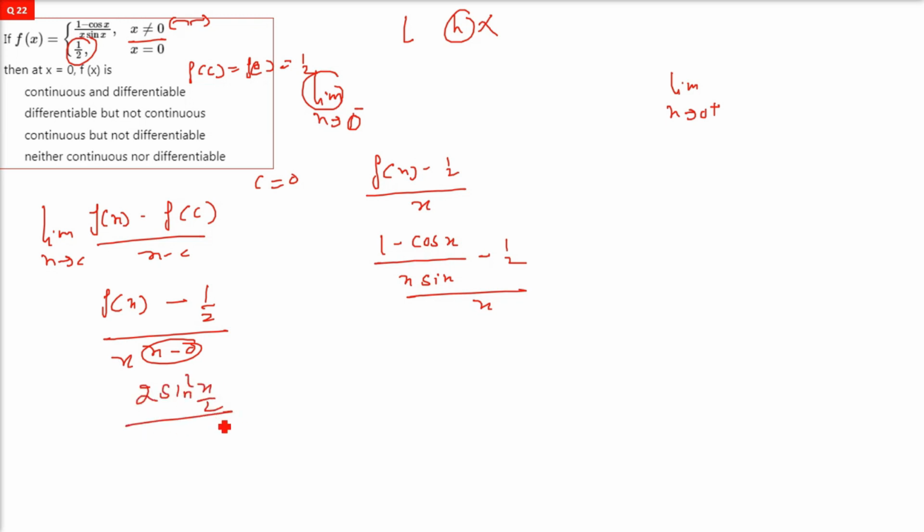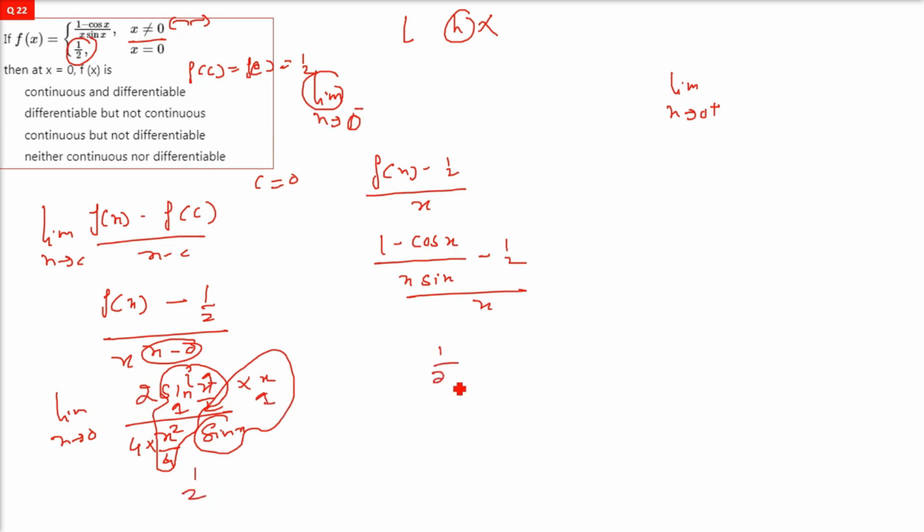In the first part when we were checking continuity, I told you 1 minus cos x is 2 sin square x by 2, x sin x was already there, so you can have x square by 4 and 4 in the denominator, x in the numerator, because you have introduced x square by 4. So this sin square x by 2 and x square by 4 will give you 1, and sin x by x will also give you 1, and 2 by 4 is half.